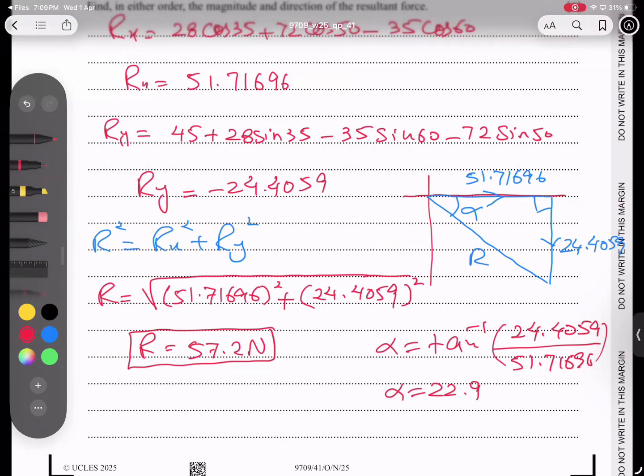So this is coming to 22.9 degrees. Okay, but the question asks for direction, so how to answer it?